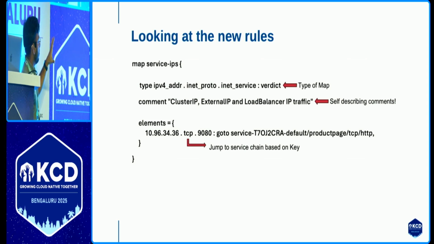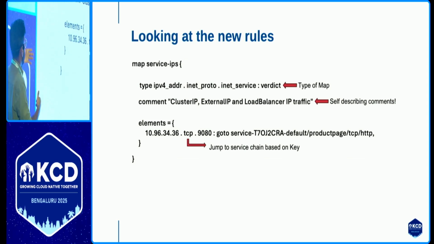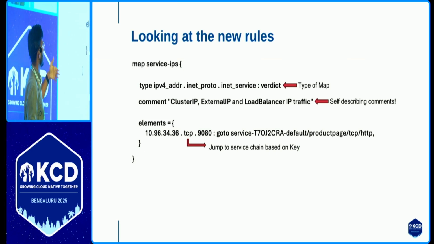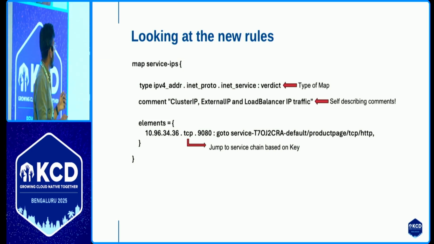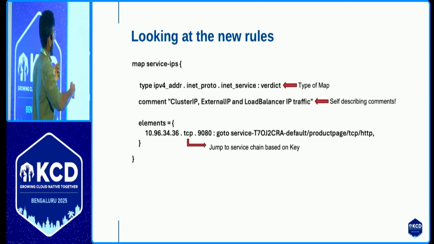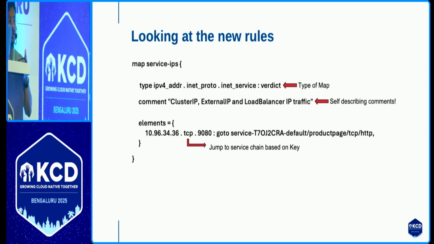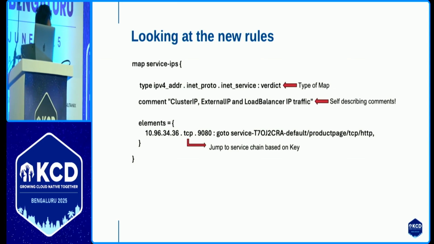Then finally come your elements. So now if we have a packet which is destined for 10.96.34.36 using protocol TCP at 9080, NFTables directly knows what action it needs to take. That is, go to this service-specific chain. From there, it is finally routed to your pod endpoints.